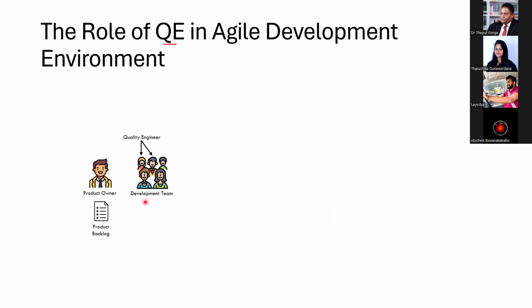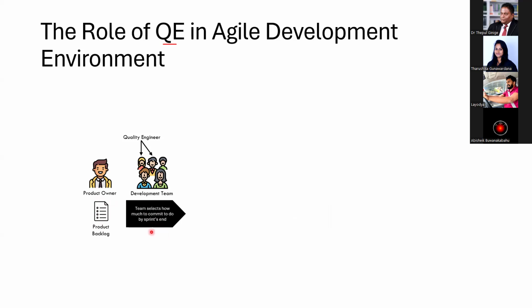Clear? Right. So this particular development team is going to select how much they are going to develop from this product backlog during the given time period. This given time period can be 1 week to 4 weeks. Even though in theory it's saying 1 week to 4 weeks, normally the sprint is 2 weeks, right?